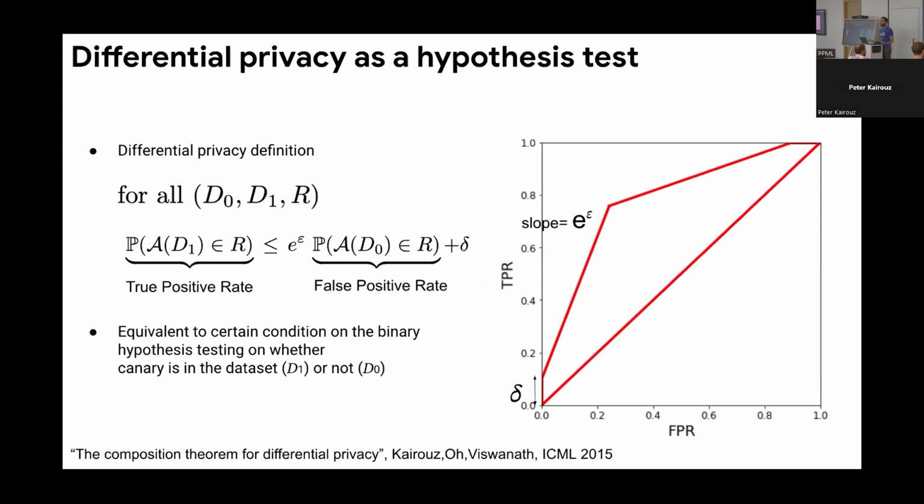So no matter how complicated your attacker is, no matter how computationally intensive it is, and no matter how good it is, statistically or computationally, if you perform these tests, there is a bound on how high the true positive rate can be, subject to some condition on the false positive rate. So that's the beauty, that's the connection between DP and membership inference. These two are exactly equivalent. There's a one-to-one equivalence between them.